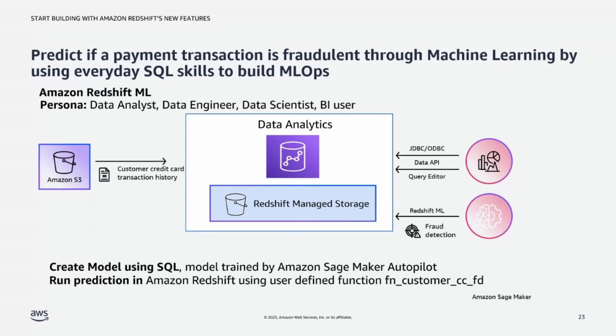As an end user, be it a data analyst, data engineer, or a data scientist, when they create this model, they are using SQL. They run create model statement, and the entire pipeline to unload the data from Redshift onto Amazon S3, invoking SageMaker Autopilot, SageMaker Autopilot figuring out the best model for the problem type.